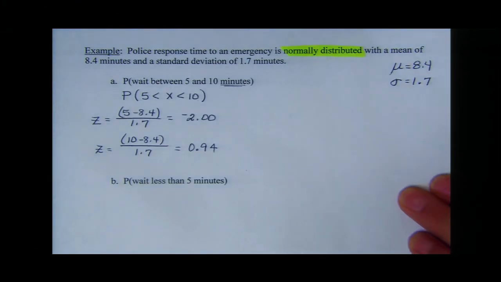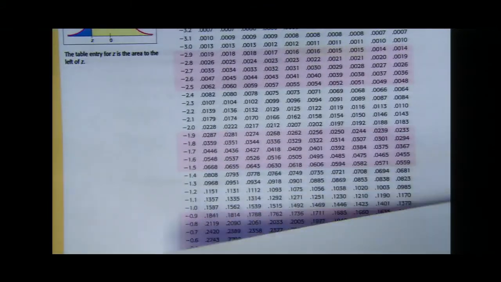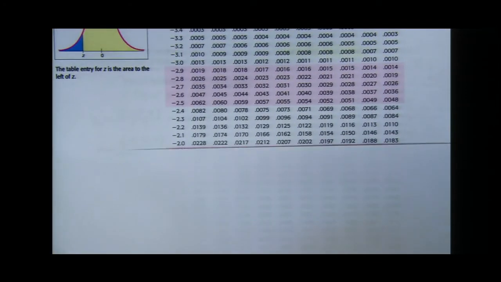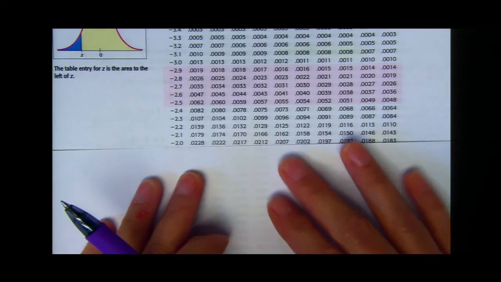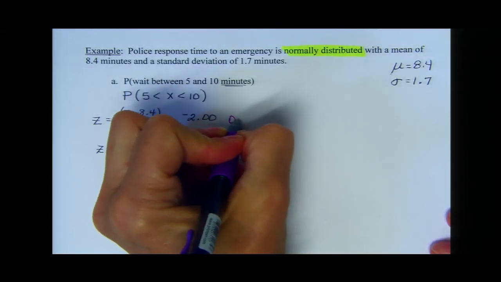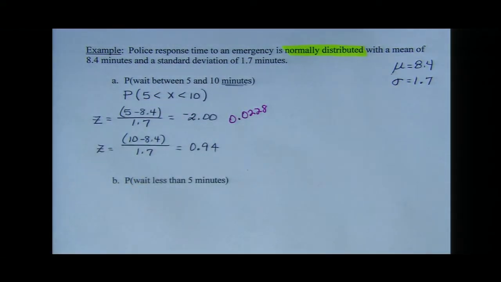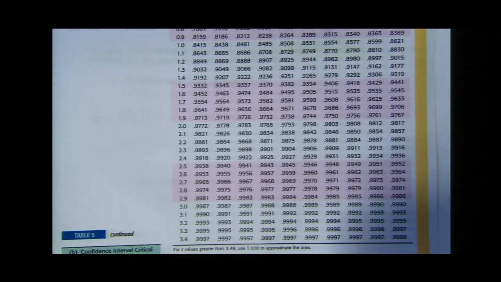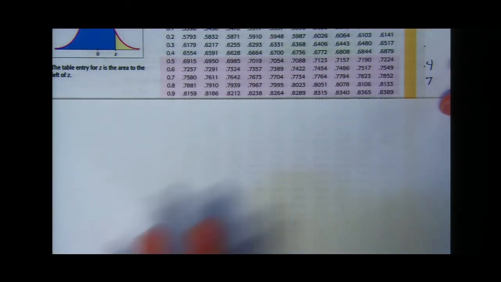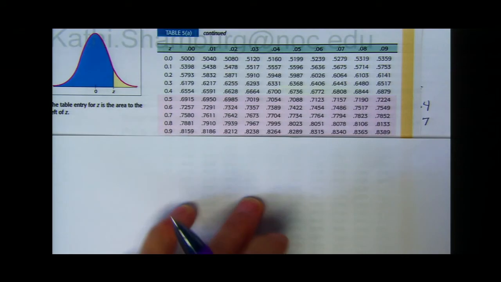So now we're going to go to the table, and we're going to look for -2.00. -2.00, so it's 0.0228. And then I'm going to look up 0.94, so 0.8264.